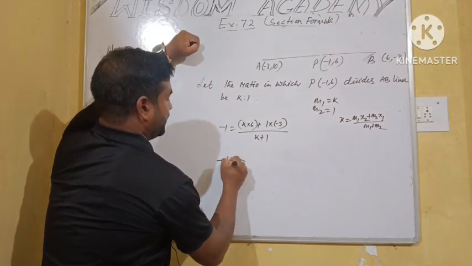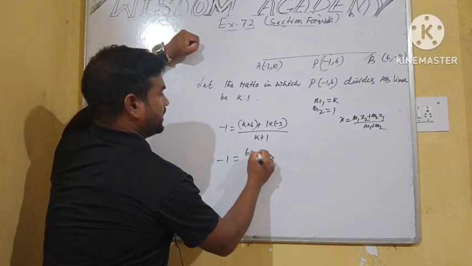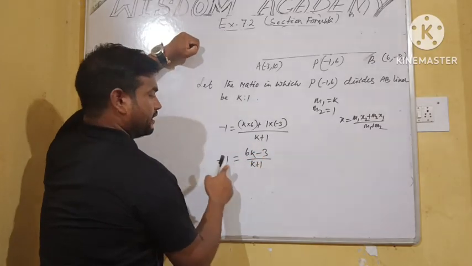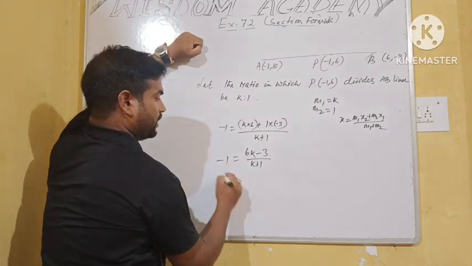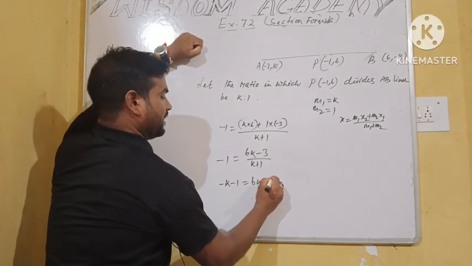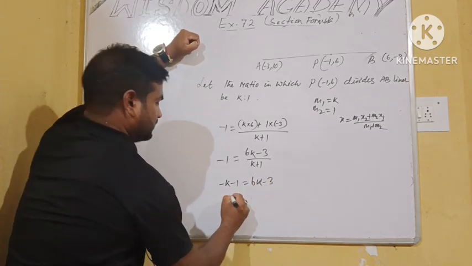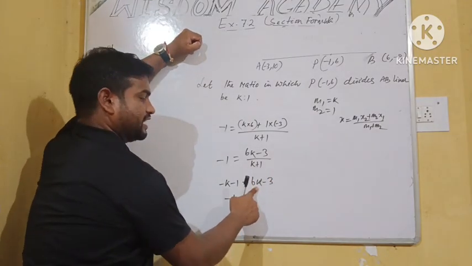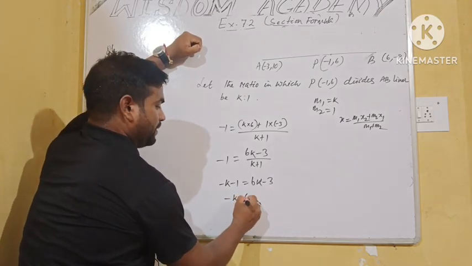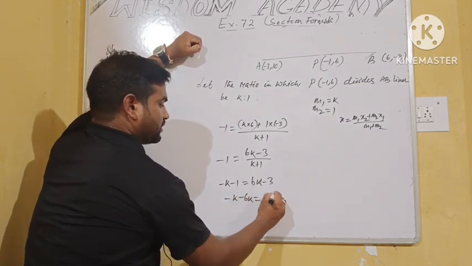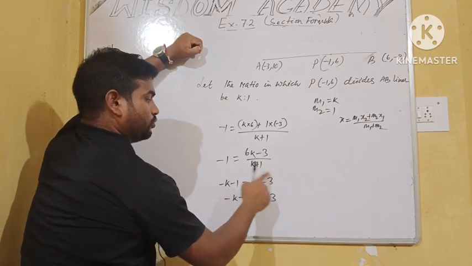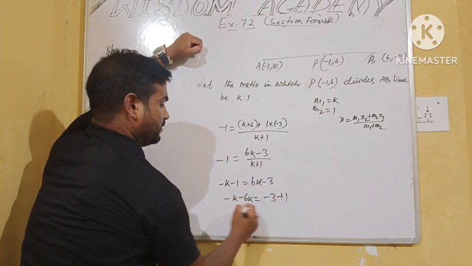So -1 equals (6K minus 3) by (K plus 1). K plus 1 multiplied by -1 will be -K minus 1 equals 6K minus 3. Then -K and 6K are transposed to the left hand side, which will be minus 7K, and this minus 1 is transposed to the RHS, which will be plus 1.